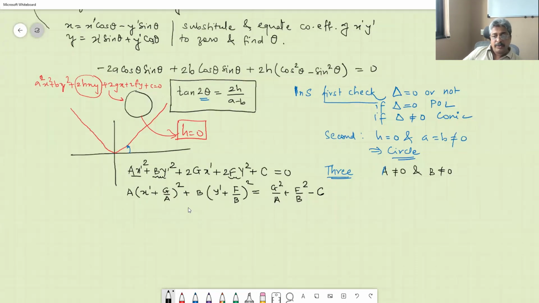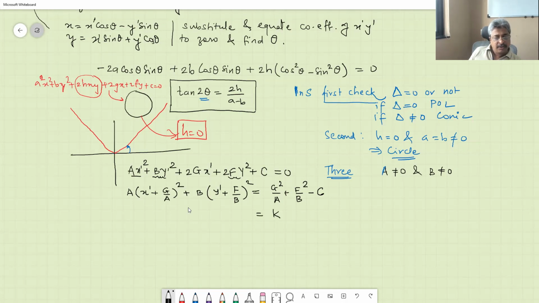Understood? Now we are discussing the case A not equal to 0 and B not equal to 0. So both of them are not 0, and therefore I have the courage to put them in the denominator. Otherwise, I would not have put them in the denominator. Now you can call this RHS capital K. Therefore, your equation is the same equation.